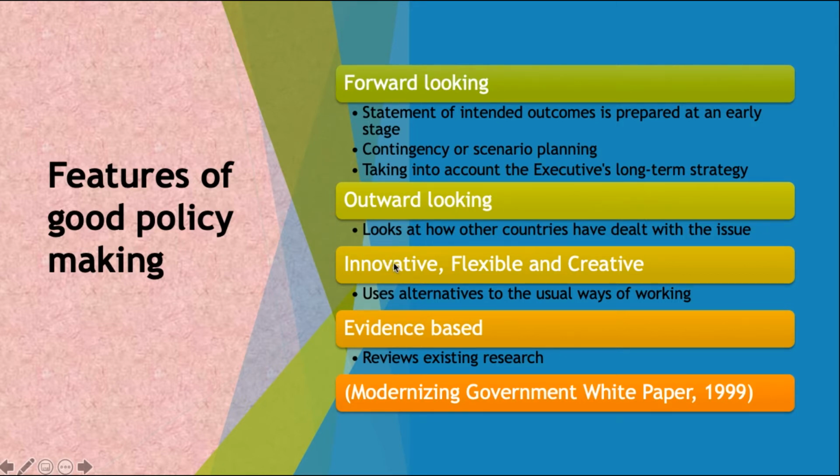We have innovative, flexible, and creative: the policy implication uses alternatives to the usual way of working. So you bring something new. And evidence-based: review existing research and you come out with a policy implication. Modernising Government, the white paper in 1999, could be an example of that.